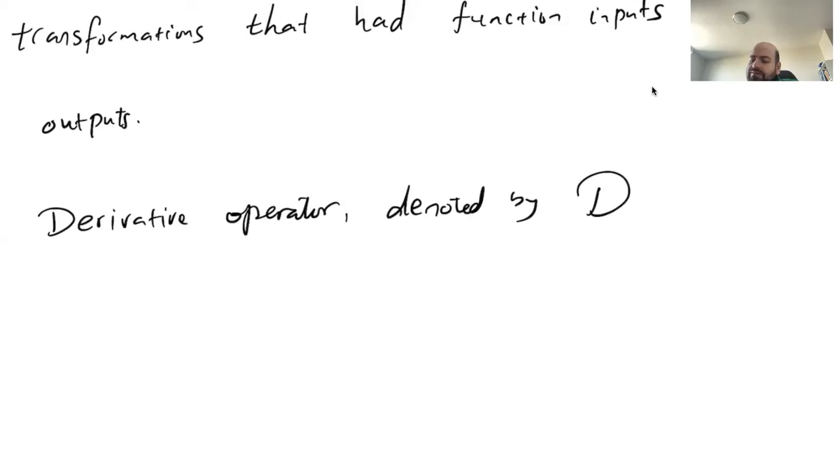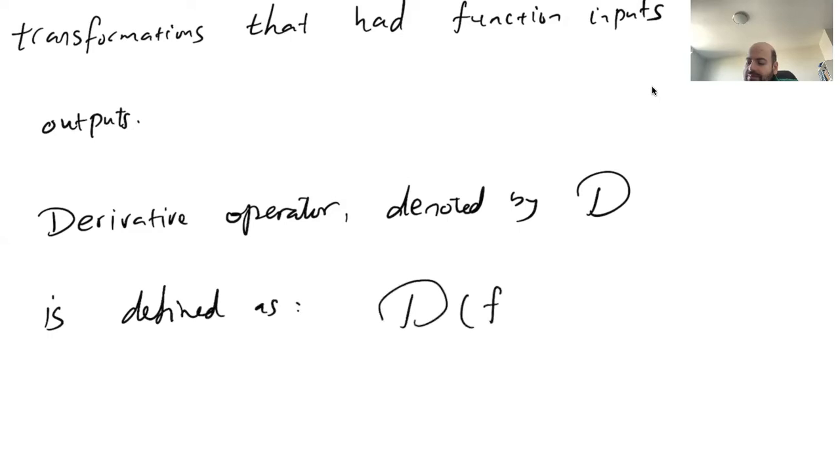How is it defined? If you want to apply D to some function f of x, this is df over dx.